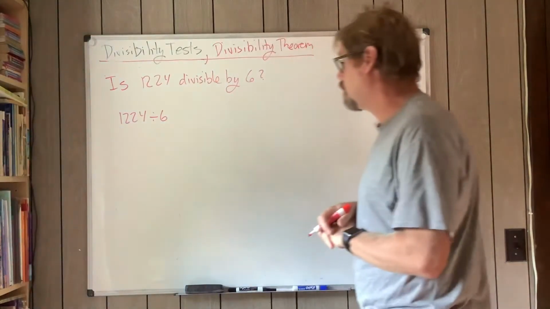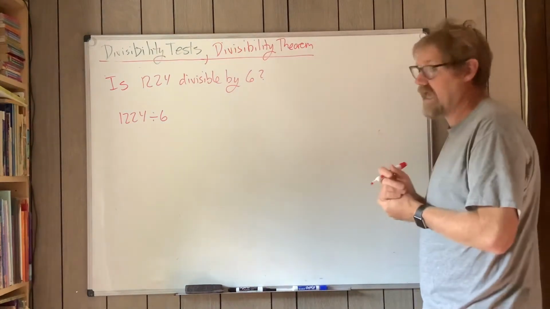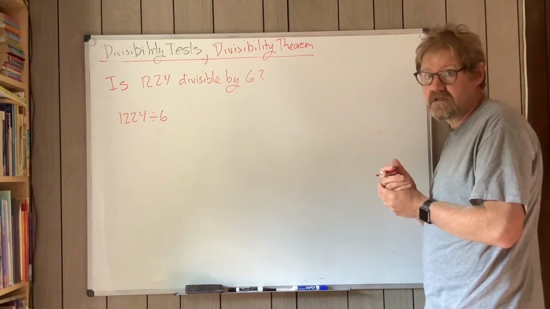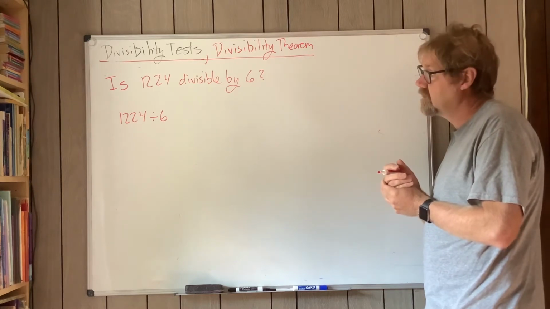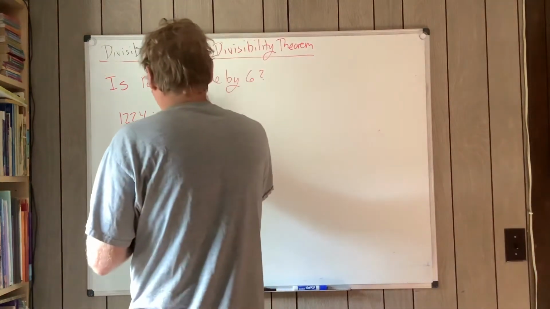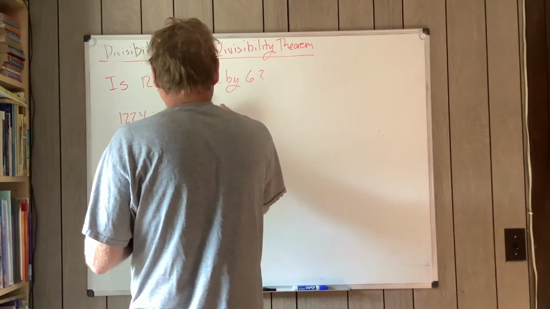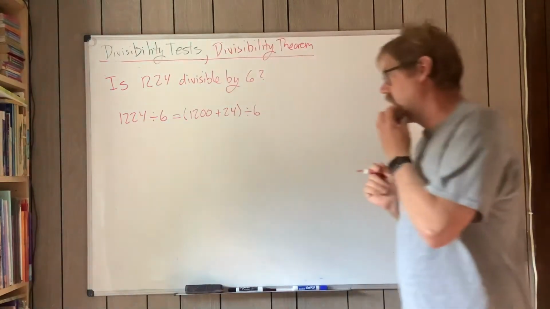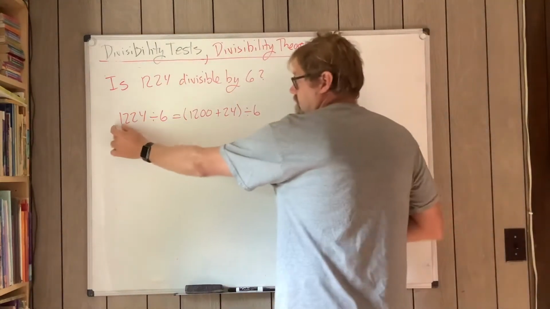Okay. And what I'm thinking about is, can I do this? I could definitely do this by doing some long division. This isn't a terrible mental math problem, just because this is broken down.